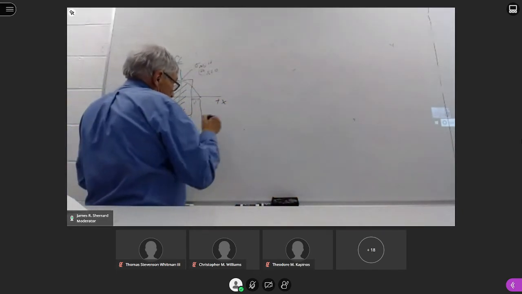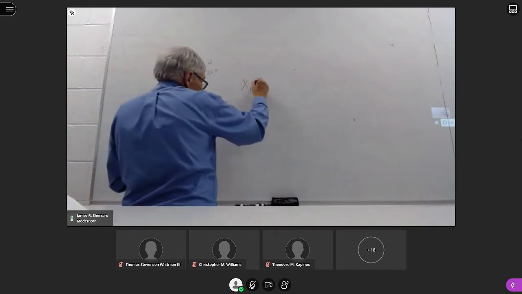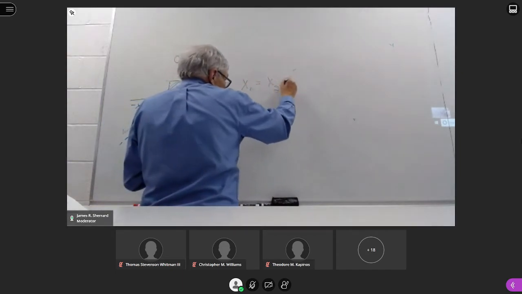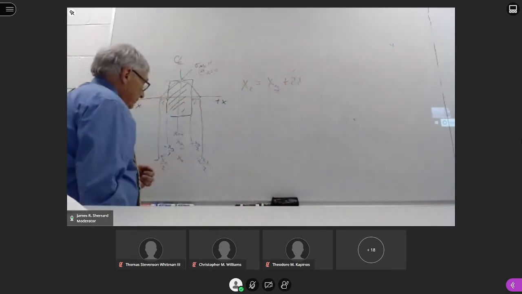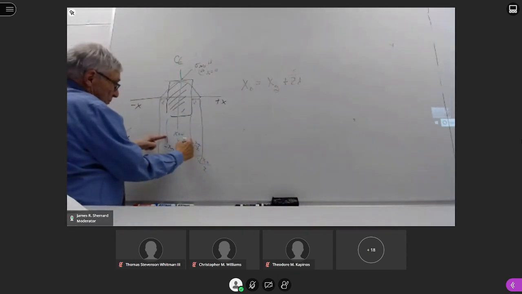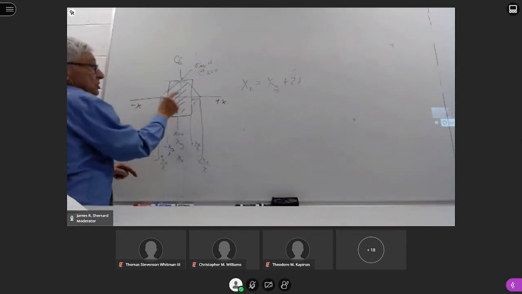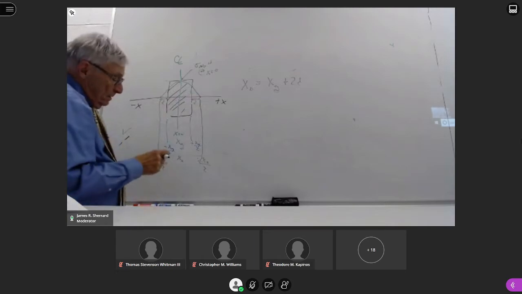And looking at this, hopefully you can see that x of 0 is equal to x of g plus 2d. So this dimension is equal to this dimension plus d to come up with that.